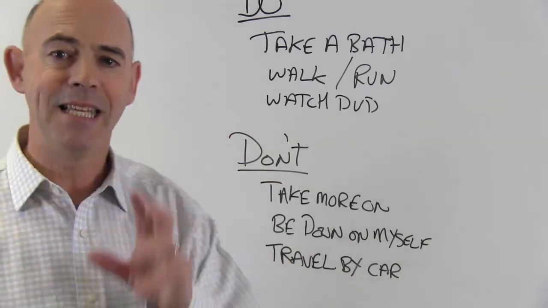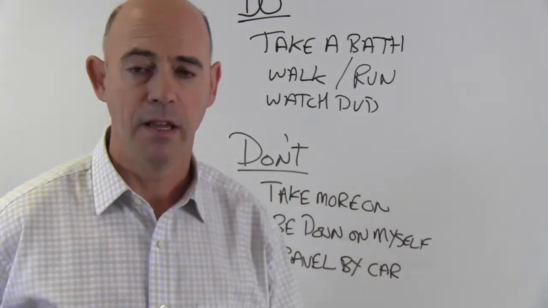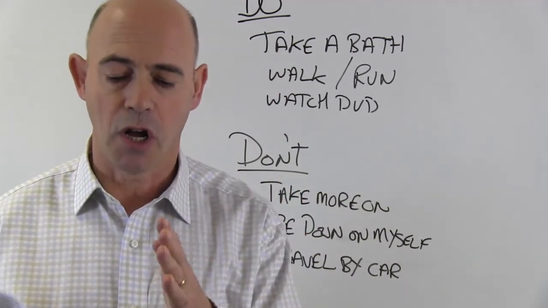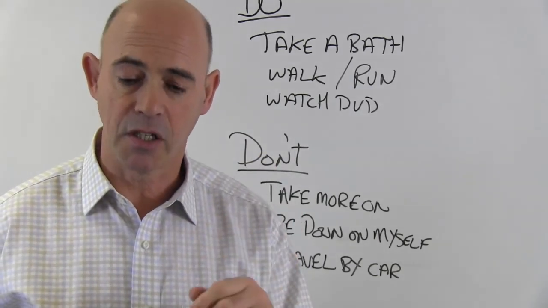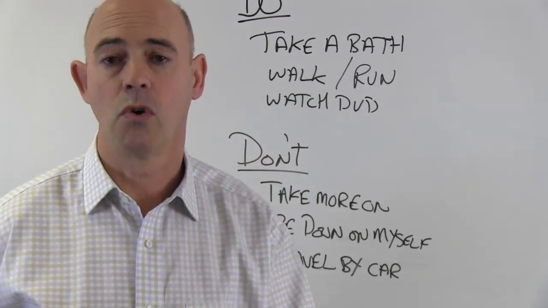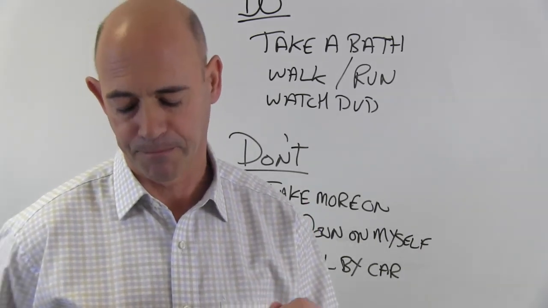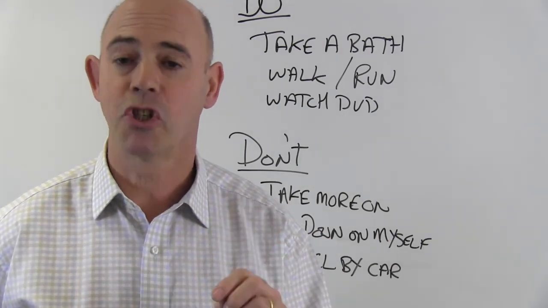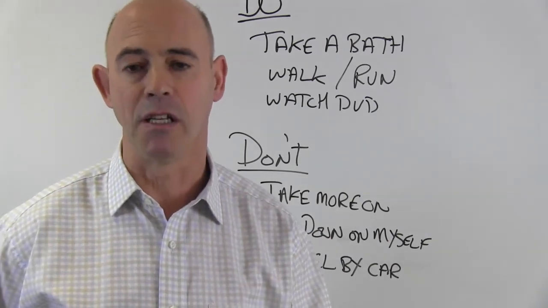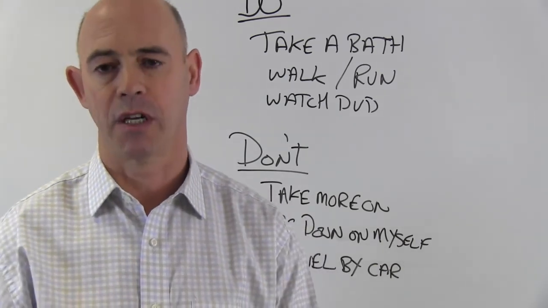So here we have a mini action plan. Do and don't. Now, as you look at your chart and you fill it in every day, you'll start to see a pattern, and you'll recognize that some days cause you to move up towards amber, and some days bring you back towards green. The secret of managing stress is to spend as much time as possible in the green, out of distress and in eustress, normal stress.